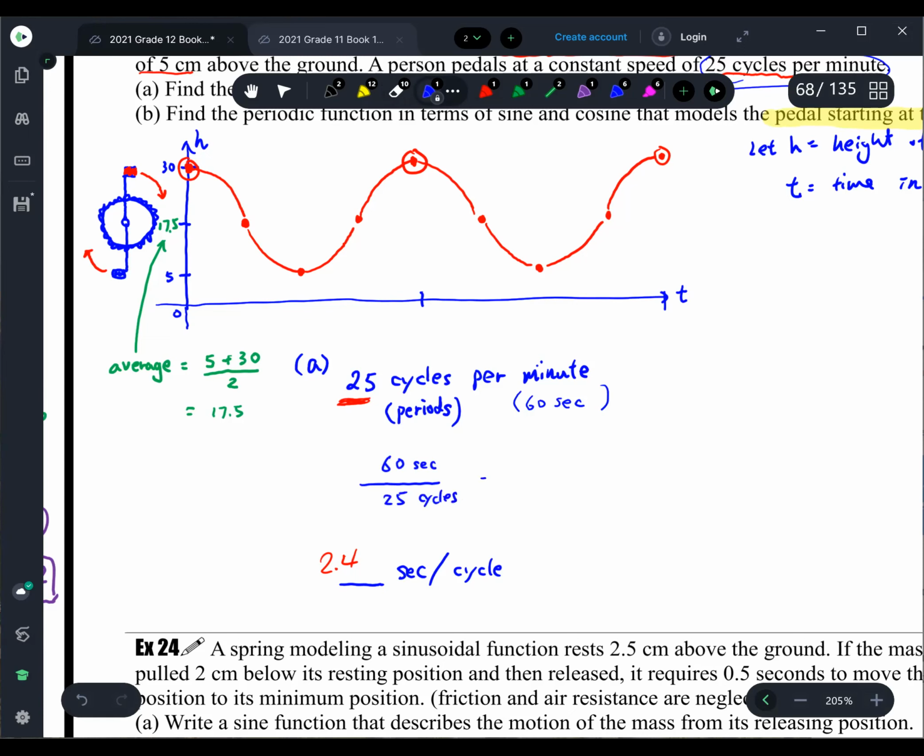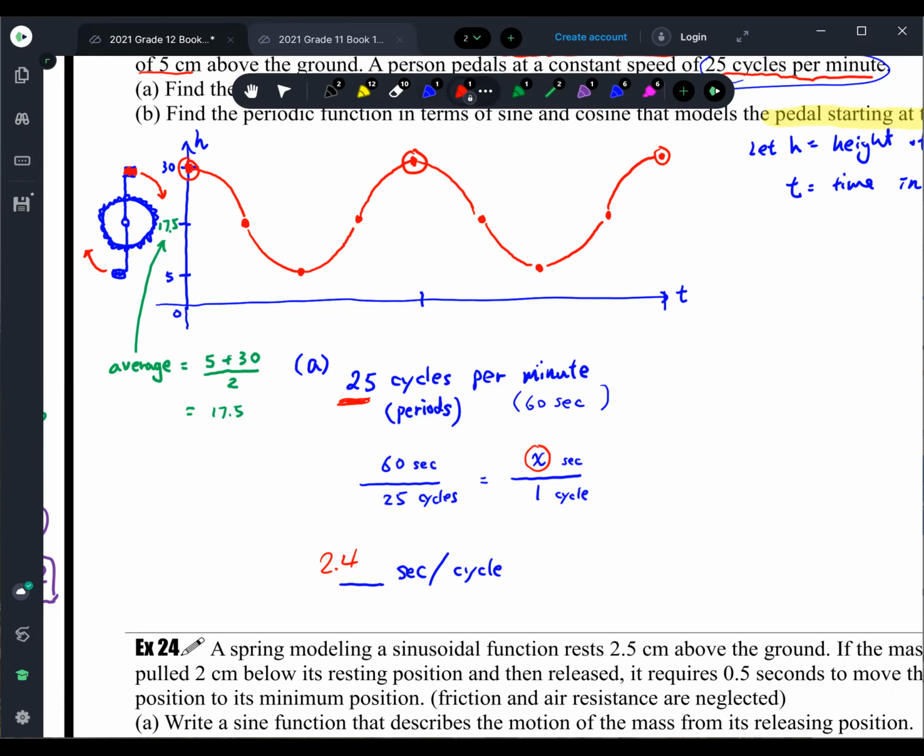And now you're interested in X seconds for one cycle. So you set it up like that, and you will see what to do. You are looking for X.